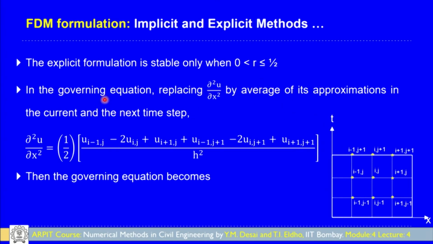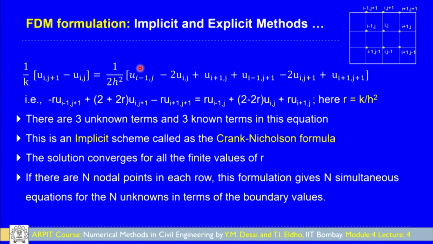So del square u by del x square will be the average of u(i minus 1, j) minus 2 u(i, j) plus u(i plus 1, j), plus u(i minus 1, j plus 1) minus 2 u(i, j plus 1) plus u(i plus 1, j plus 1).